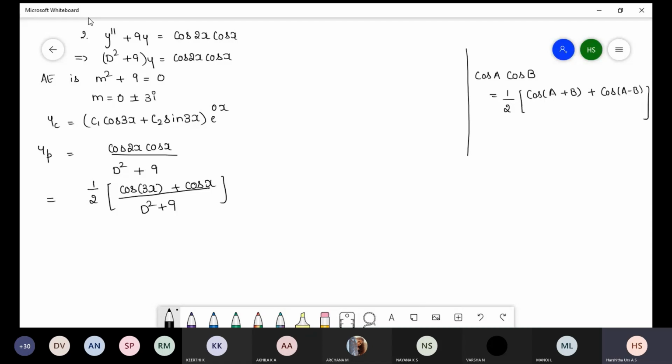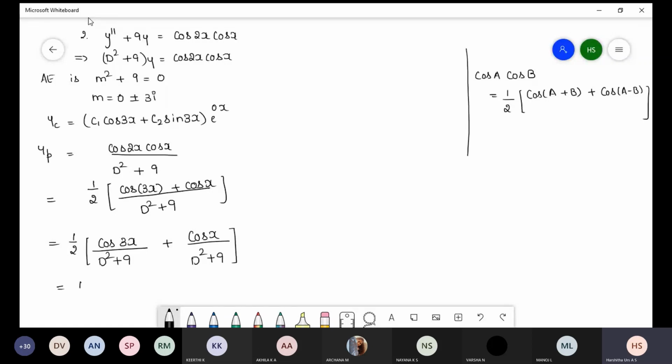You have to remember all these formulas, cos A cos B, cos A sin B, sin A cos B, like that. Now I just divide this individually: cos 3x divided by D square plus 9, and cos x divided by D square plus 9.